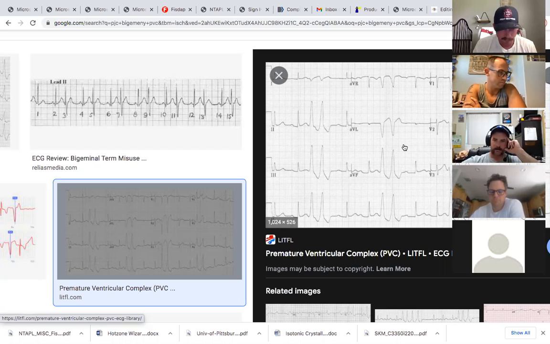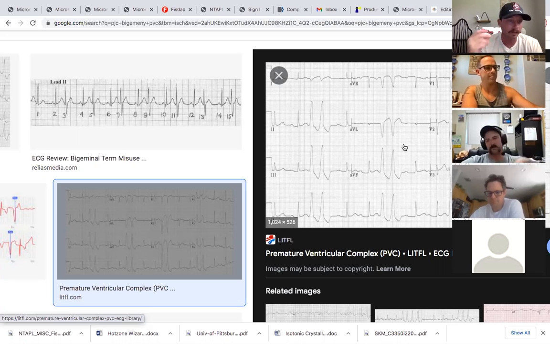Can we try lidocaine? There we go, lidocaine, a sodium channel blocker, right? It's got a very short half-life. It's fast acting. It can help eliminate some of the irritability in the myocardium, and there's minimal adverse effects from lidocaine.